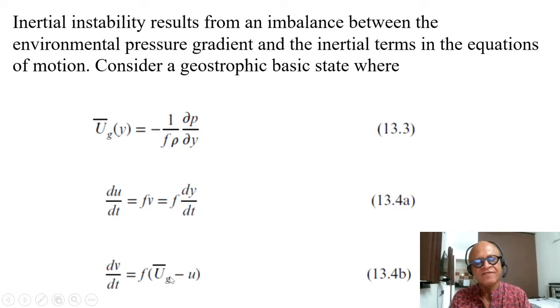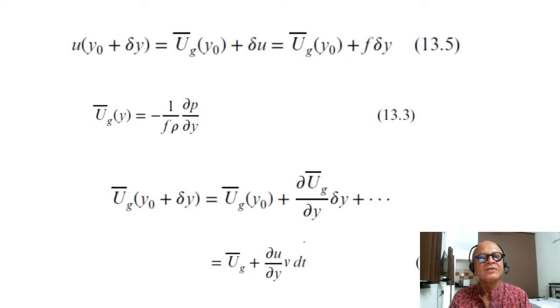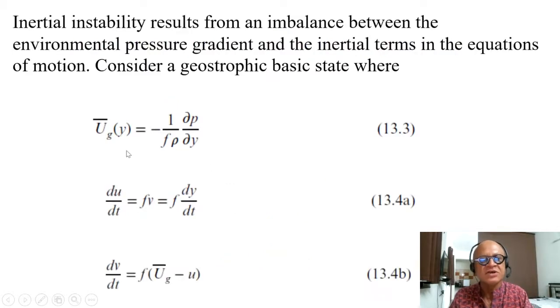Okay, so that's a fairly straightforward setup we are looking at, and we can expand u around y0 when it's perturbed, or displaced by distance delta y, in terms of the basic state at that latitude, plus delta u, and delta u of course is f delta y from this equation.